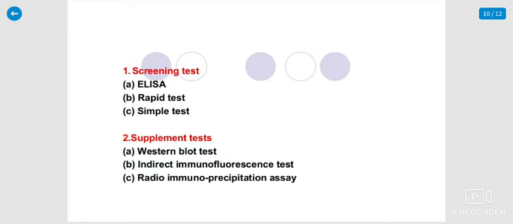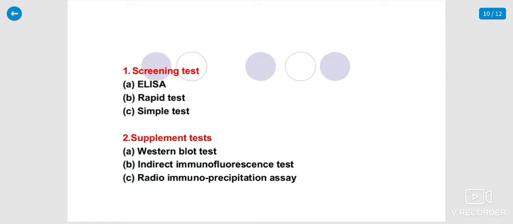Some of the screening tests available are ELISA, rapid test, and simple tests. Some of the supplementary tests are Western blotting test, indirect immunofluorescence test, and radioimmunoprecipitation assay.